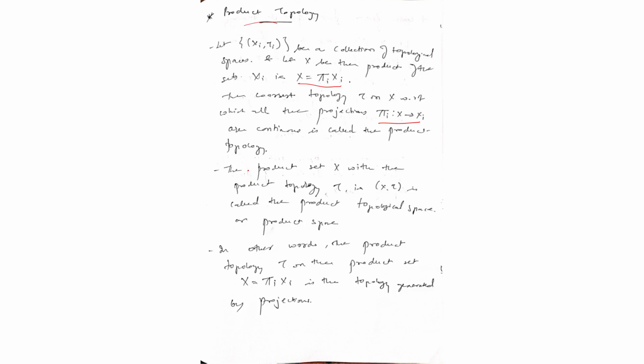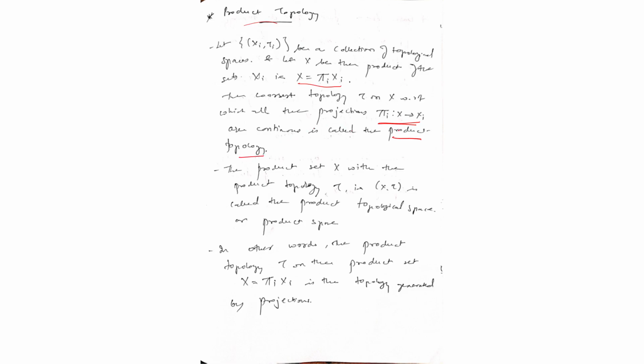Let me discuss again what product topology is. If (Xi, tau i) is a collection of topological spaces, and X is the product of the sets Xi, that is X equals the product over i of Xi, then the coarsest topology tau on X with respect to which all these projections pi i from X to Xi are continuous is called the product topology.